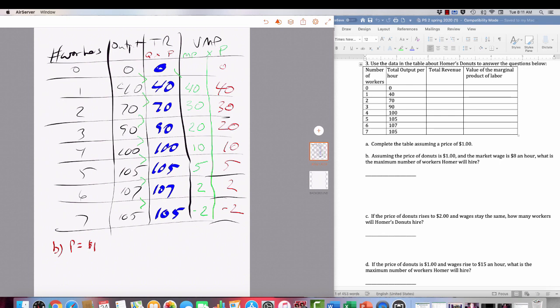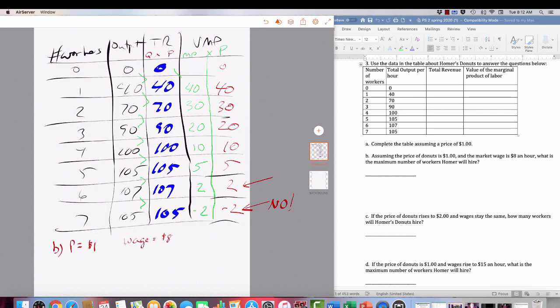Now, in part B, you are asked, if the price is $1, which it has been already, and the market wage is 8, how many workers will Homer hire? Well, if the wage is 8, you need to compare that wage to the value of the marginal product. So clearly this worker down here, you don't want to hire this person. The value of their marginal product is negative. That would make no sense.